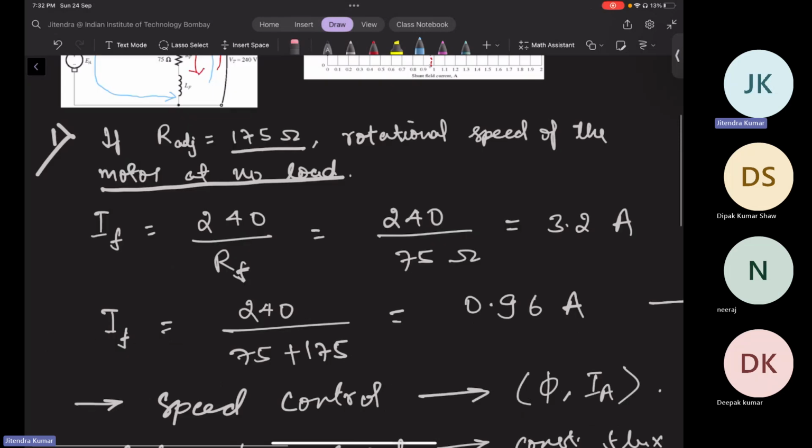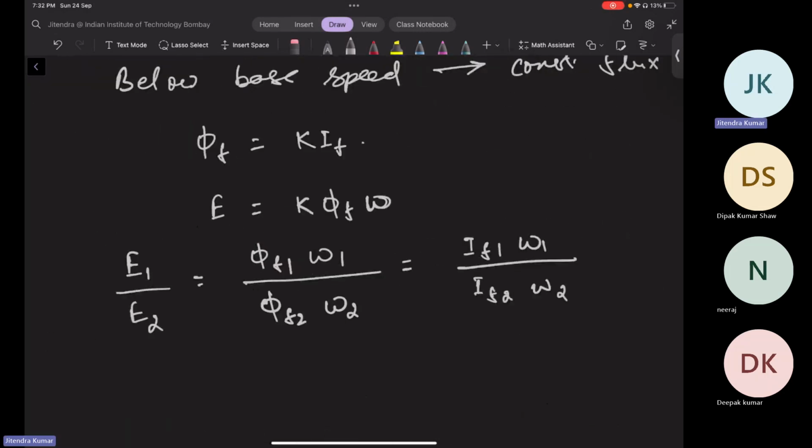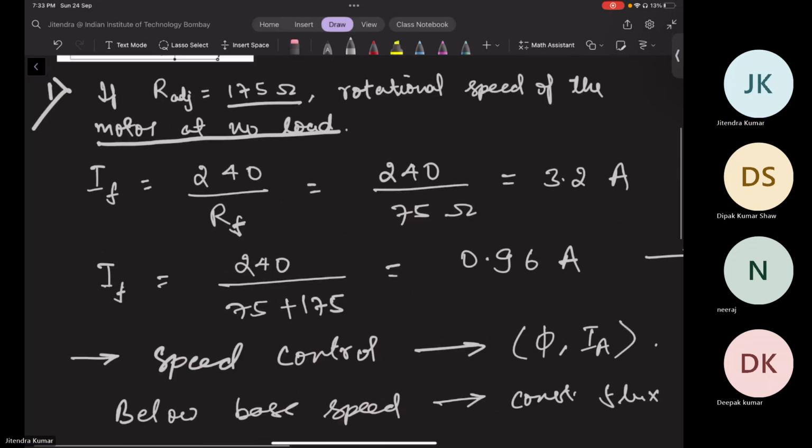your E1 will be equal to how much? VT, that is 240 volt. And omega 1 was 1800 RPM. Yes. And IF1 was 3.2.